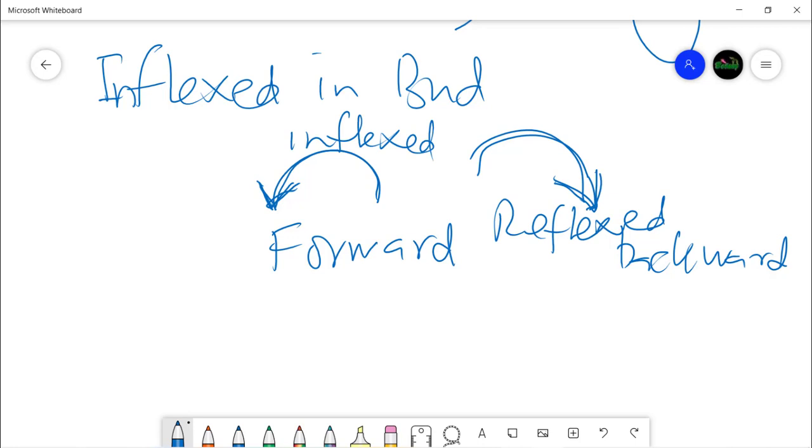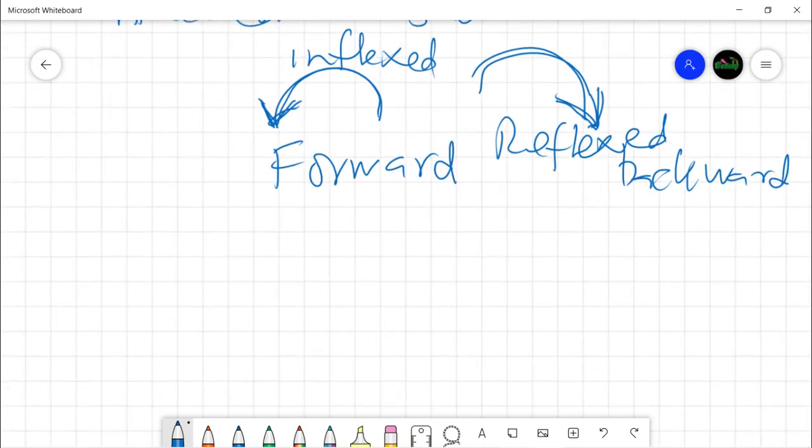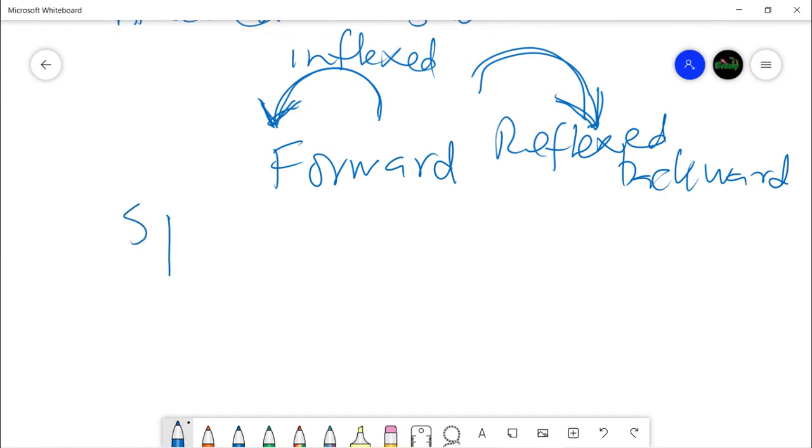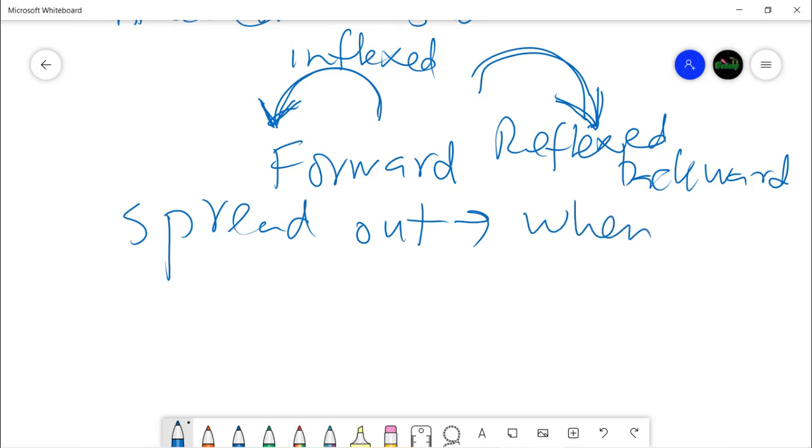So they are inflexed in bud, that is bent forward and downwards, but they spread out when the floral bud opens. So this was their position in the bud and when they come out.